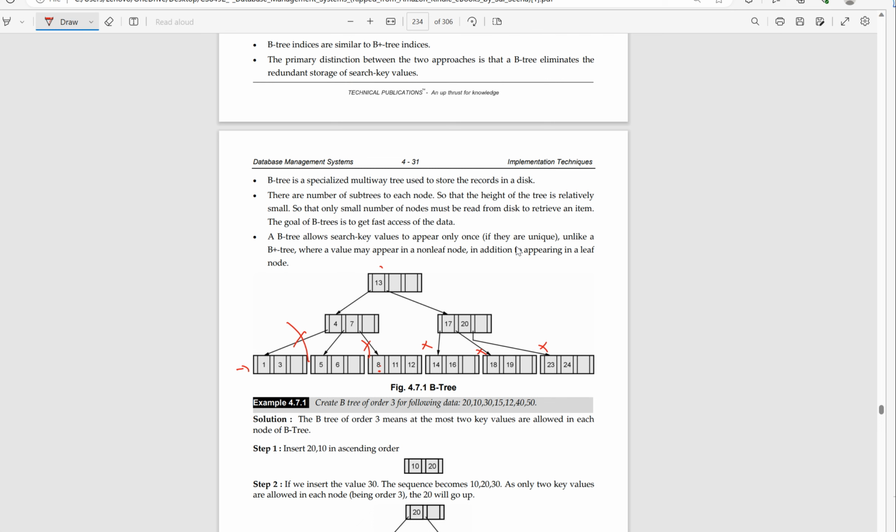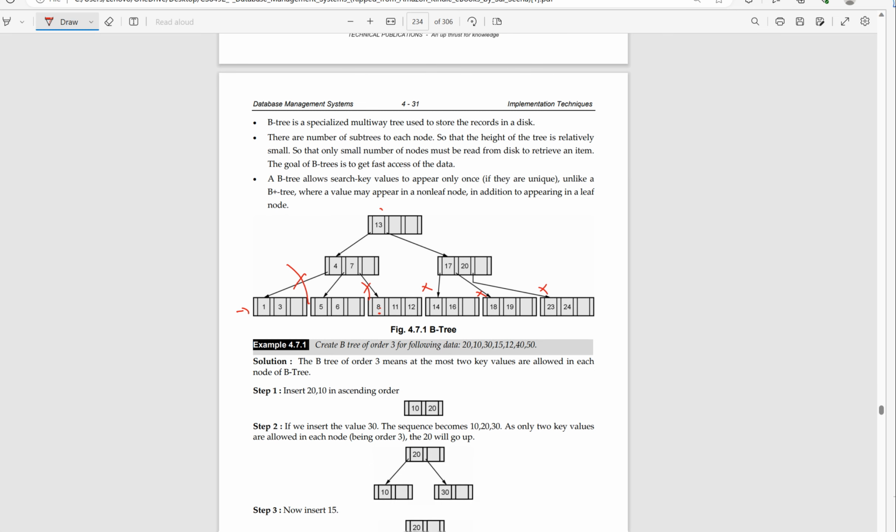If you want all the elements in the tree, you have to start from the root node, then come to the values lesser than the root node, and after collecting those values you have to go on. So the searching becomes complex here, in the sense that, compared to the B plus tree, additional searches have to be carried out for accessing all the elements.